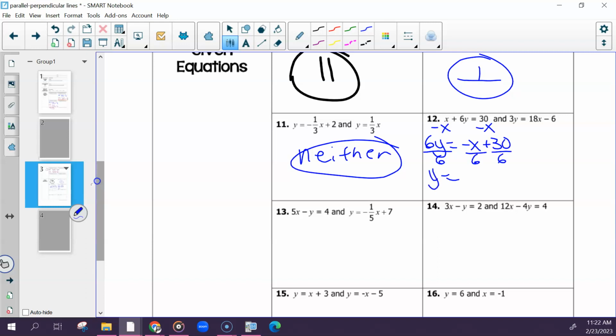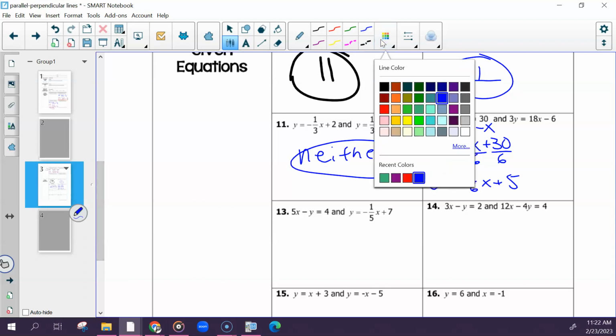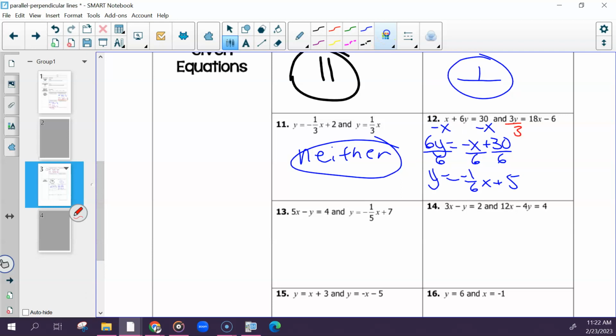What is that new equation going to be? Y equals negative 1 over 6x plus 5. Then for the second one, it's almost solved. We just have to divide everything by 3. What would that new equation be?